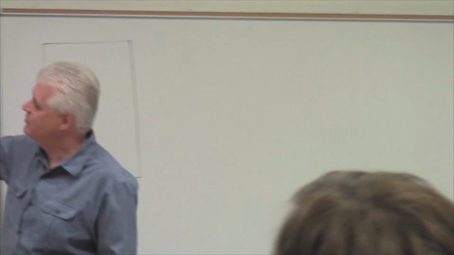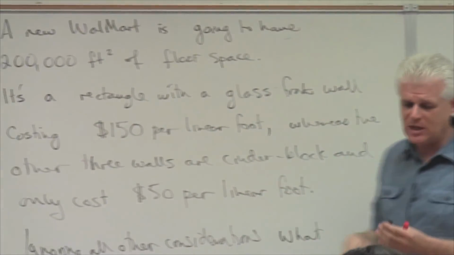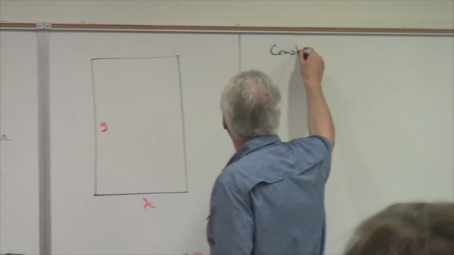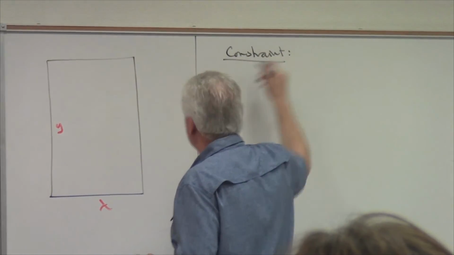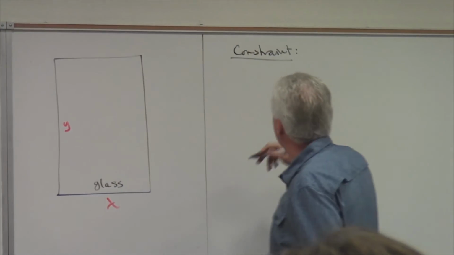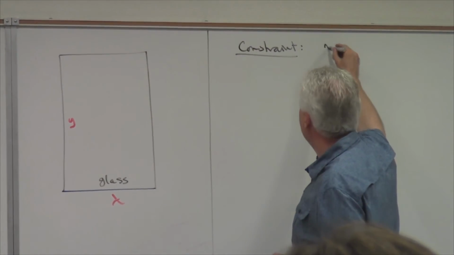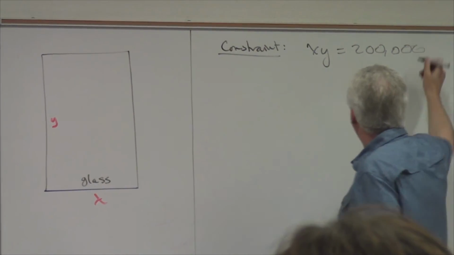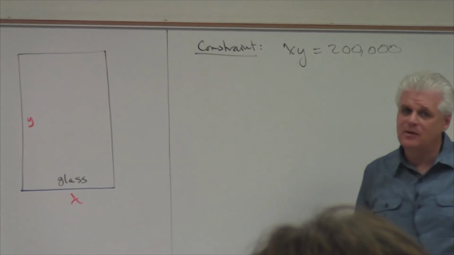X times Y, it says it has to have 200,000 square feet of floor space. So we have that constraint. This is glass here, and the others are the 3 cinder block sides. The constraint is XY equals 200,000. We're not minimizing that, we're just obeying that.